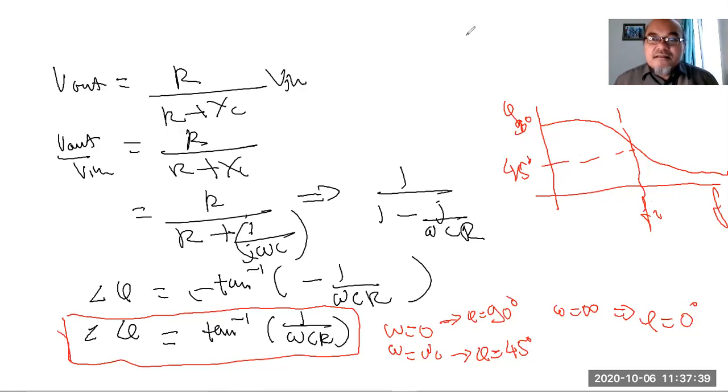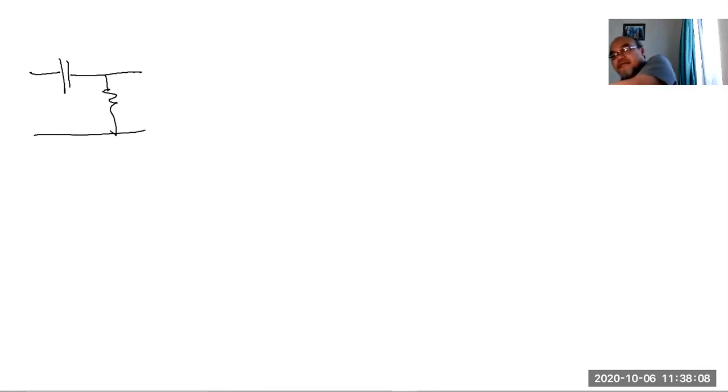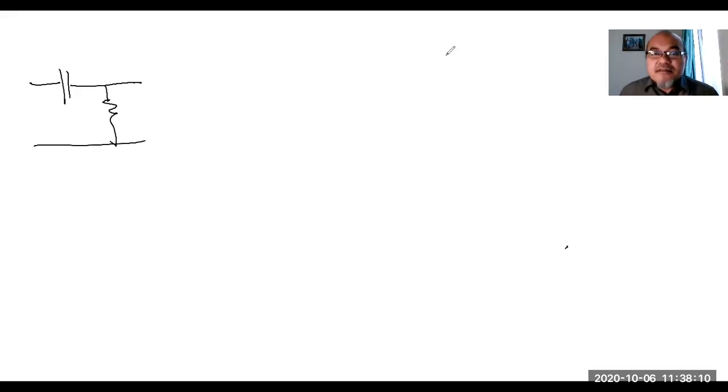okay, save this and give some examples to be calculated. We have here a high pass filter.